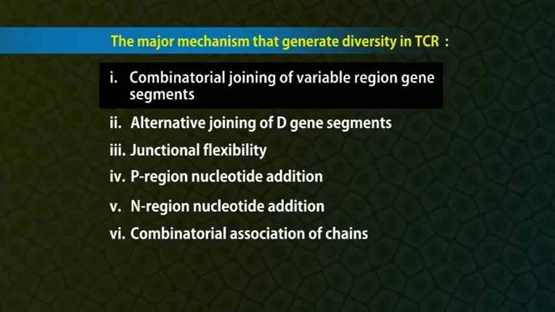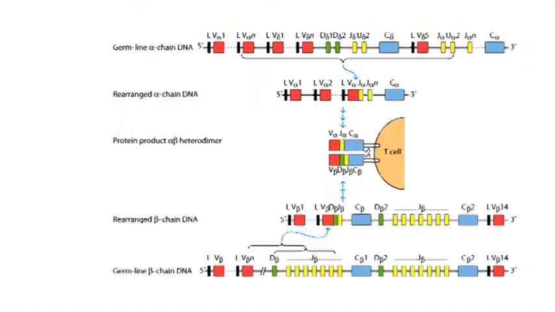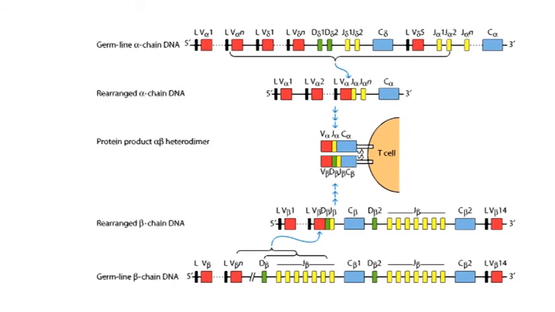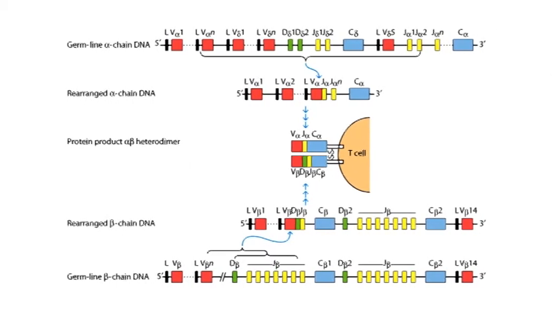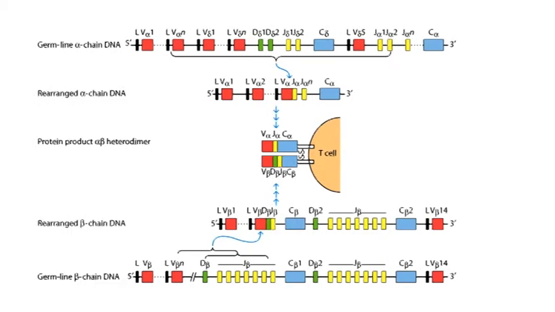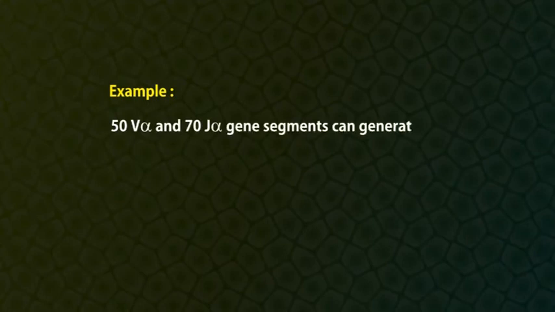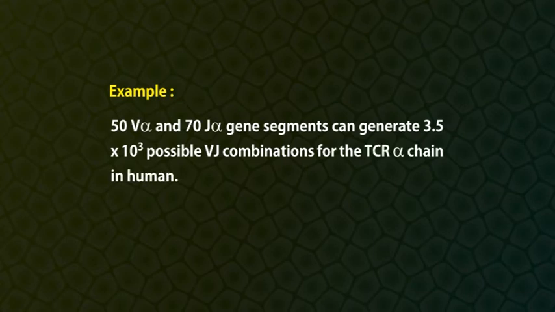Combinatorial joining of variable region gene segments. Combinatorial joining of variable region gene segments generates a large number of random gene combinations for all the TCR genes. For example, 50 V-alpha and 70 J-alpha gene segments can generate 3.5 × 10³ possible VJ combinations for the TCR alpha chain in human.